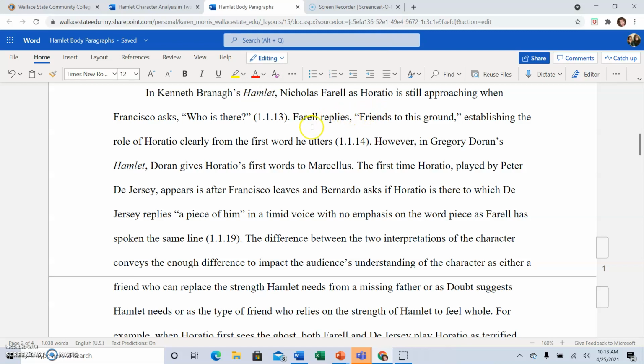And then when you are citing lines from the film, remember you're actually using lines that were first written in the play. So cite the play. If your line from the play has a question mark, keep it with the quotation.